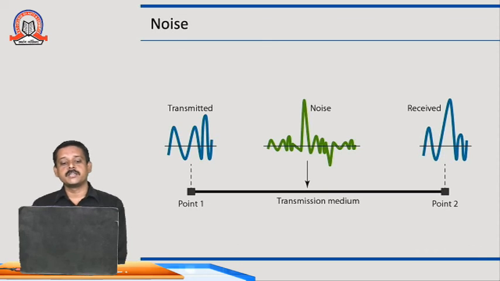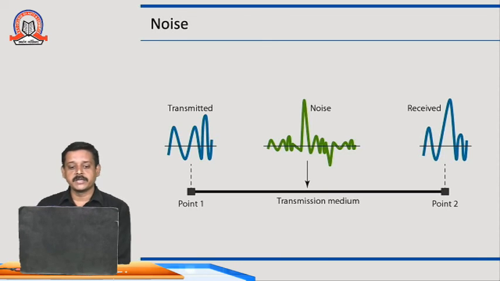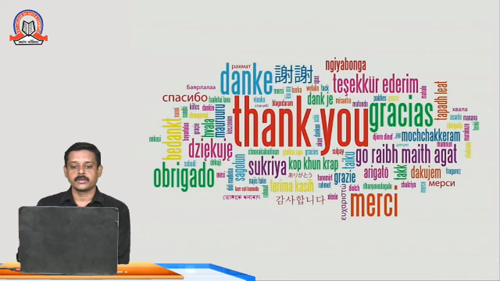As you can see, whenever we transmit a signal from point 1 and noise happens, it changes the shape of the original signal. So the signal which we receive at point 2 is improper, a signal with impairment.